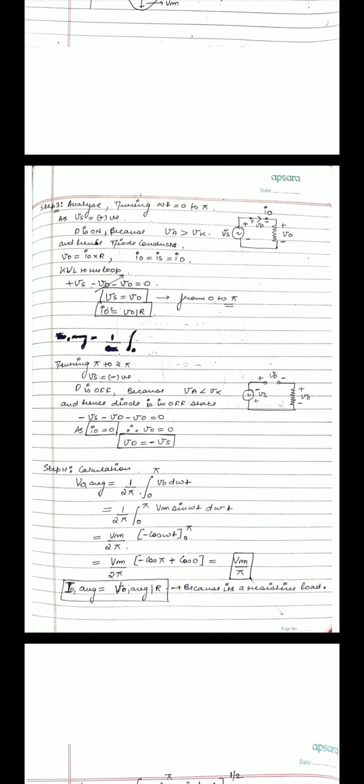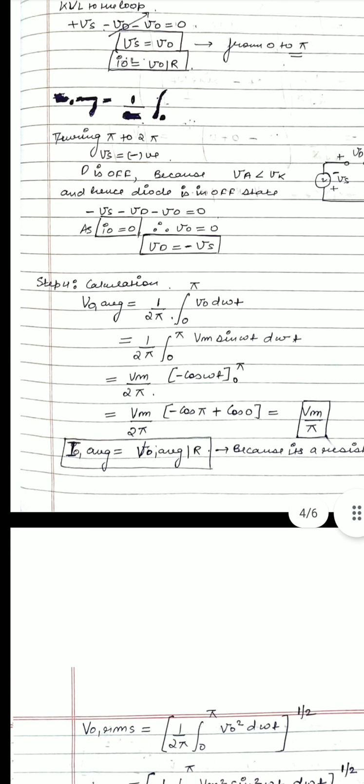That is calculation of V naught average, I naught average, V naught RMS, I naught RMS. As we know how to calculate the average of anything and RMS of anything. So how to calculate average voltage? Suppose we have 10 numbers, and we have to calculate the average, we will just sum all those 10 numbers and divide by 10.